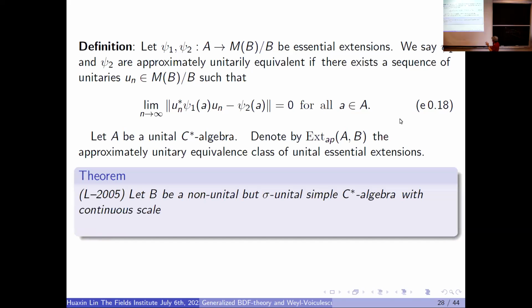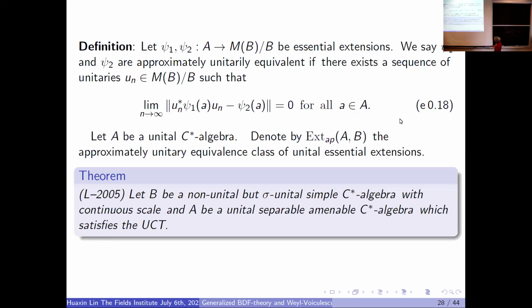Then you can compute, say, if B is a non-unital but sigma-unital simple C-star algebra with a continuous scale, and A is a unital separable amenable C-star algebra which satisfies the UCT.